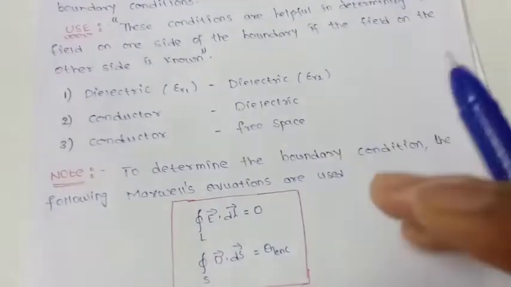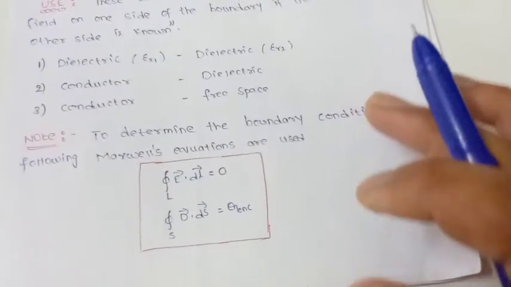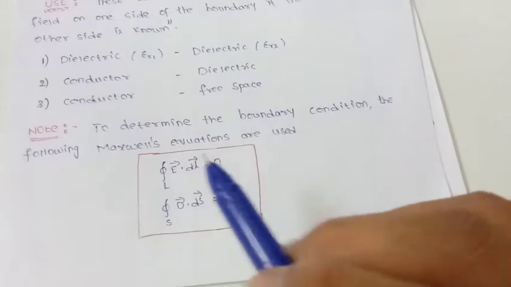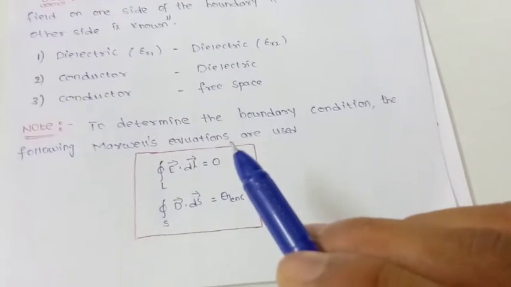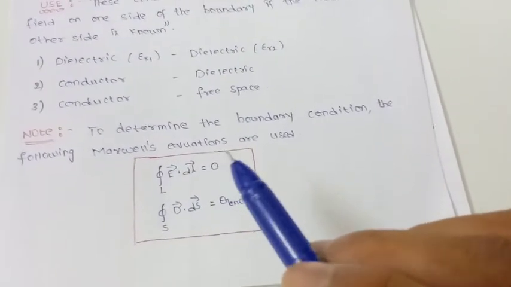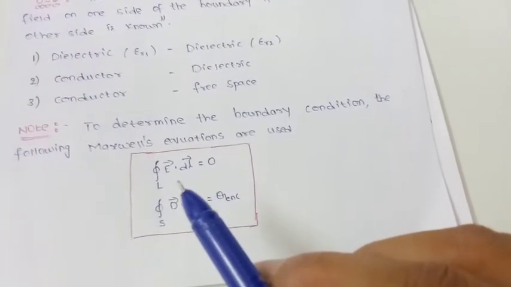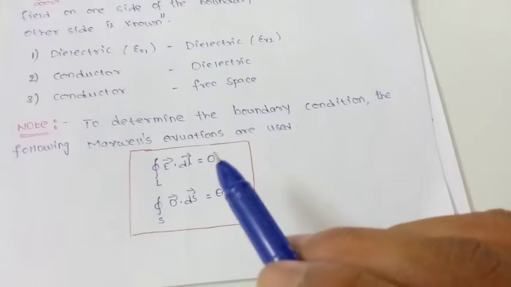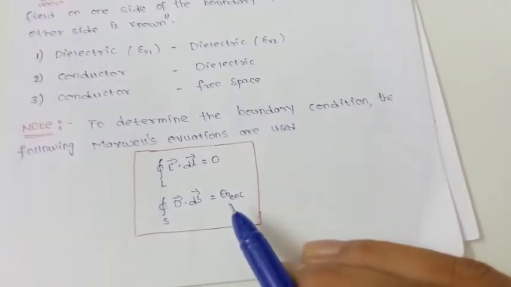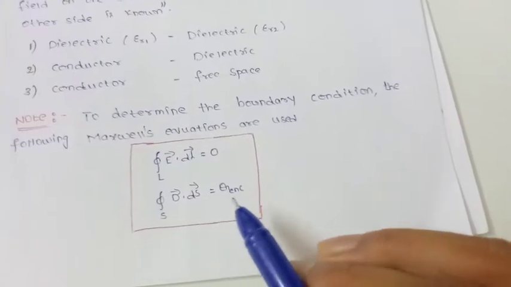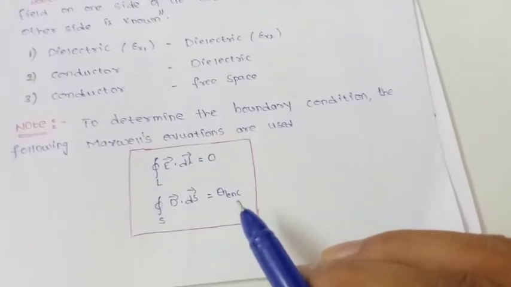Now to determine the boundary conditions, we are going to use two Maxwell's equations on electric fields. The first Maxwell's equation is the closed line integral of E dot dl equal to 0, and the second Maxwell's equation is the closed surface integral of D dot ds equal to the charge enclosed.